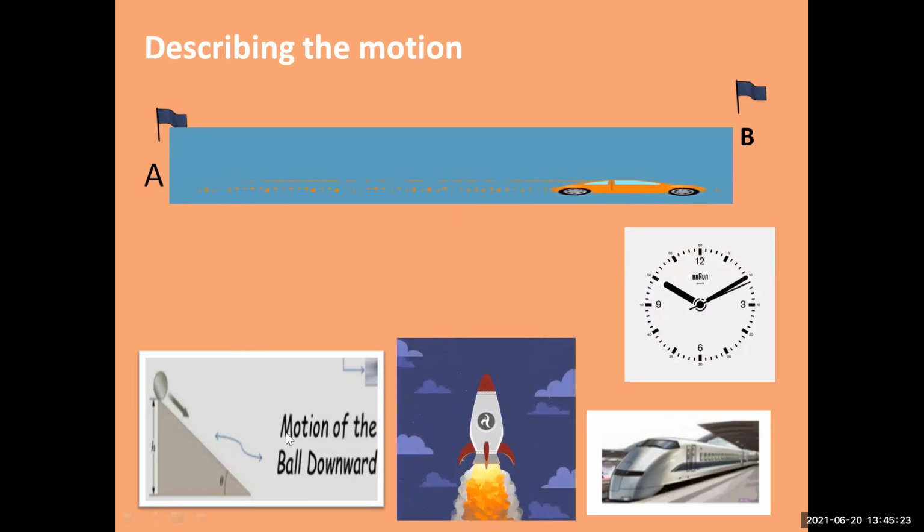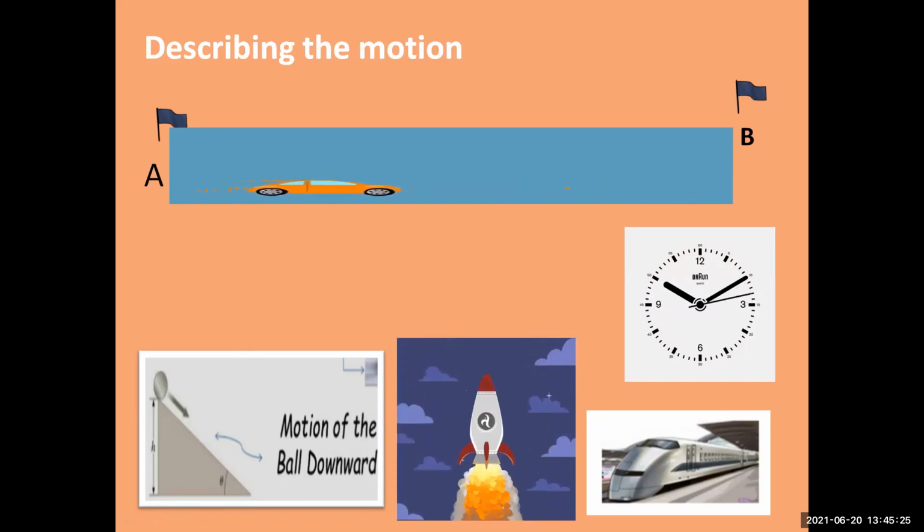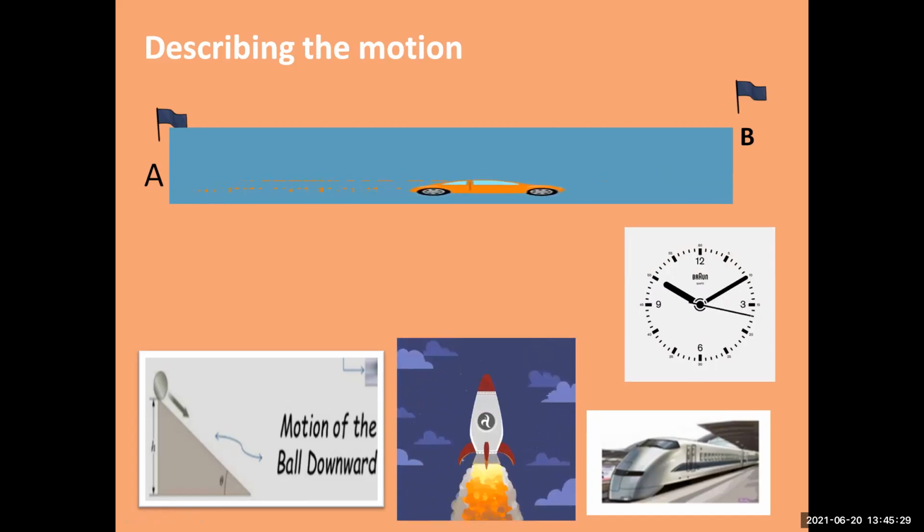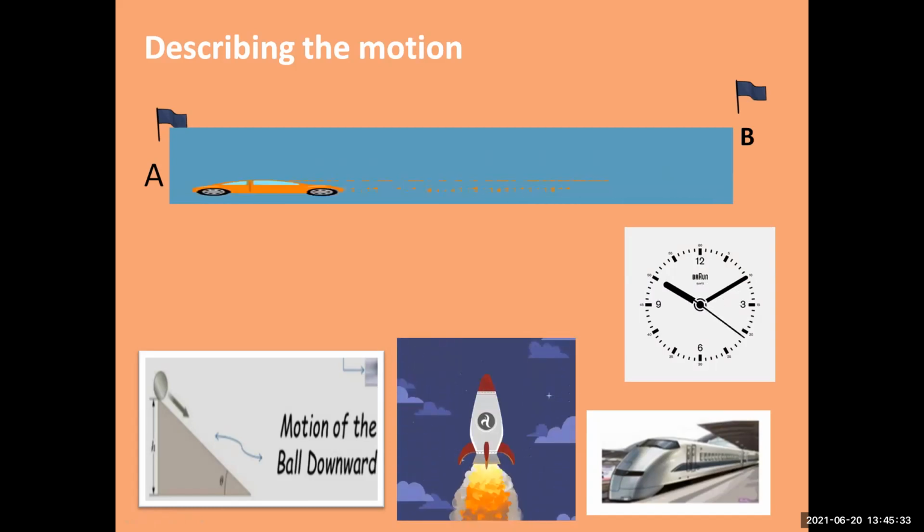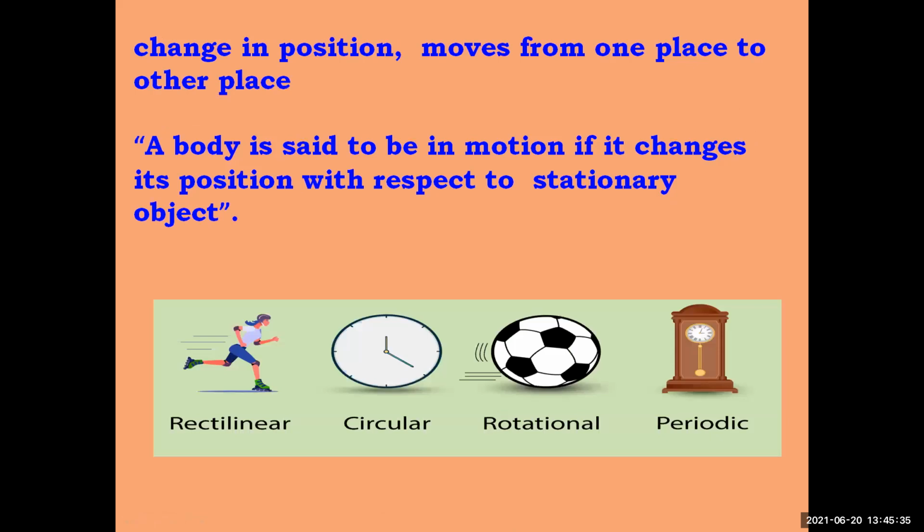The motion of the ball towards the ground. So all these things represent motion. So what is motion? Change in the position of an object with respect to a stationary object. A body is said to be in motion if it changes its position with respect to a stationary object.